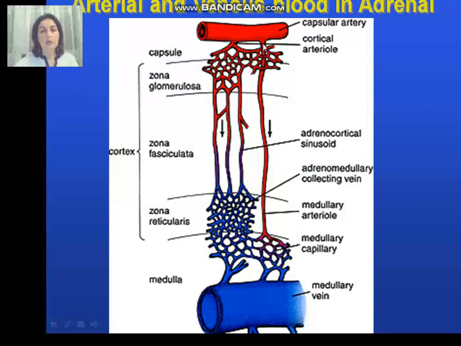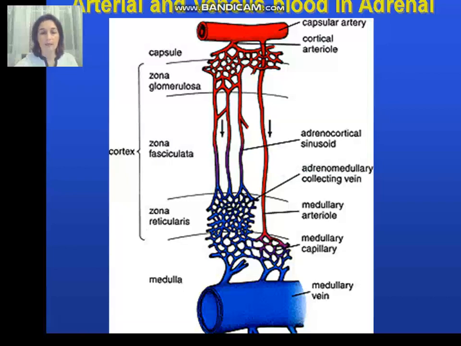And here we are looking at the medullary artery, which carries arterial blood immediately downward towards the medulla. In the medulla it also forms a capillary network, medullary capillaries. Then from here blood is accumulated in the veins, and the medullary vein will carry blood out of the organ.